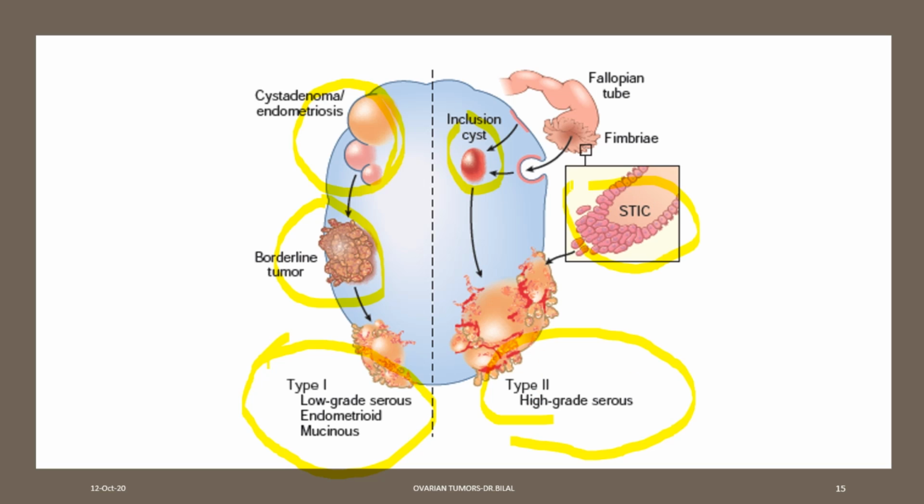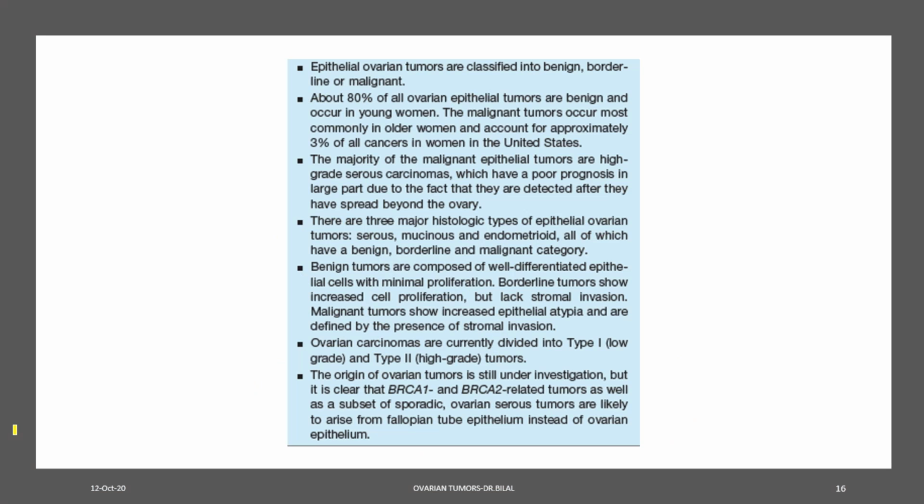This is an abbreviation for serous tubal intraepithelial carcinoma. Now the current thinking is that the starting point of high-grade serous carcinomas is usually the fallopian tube. Okay, so you should remember this thing as well.